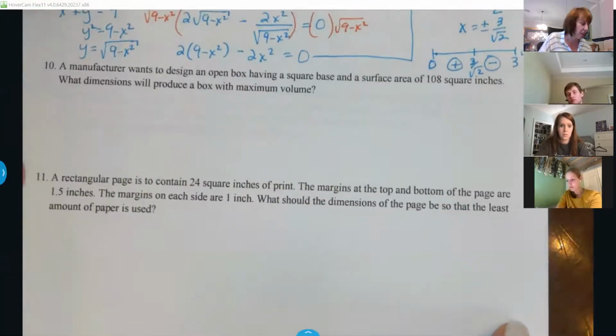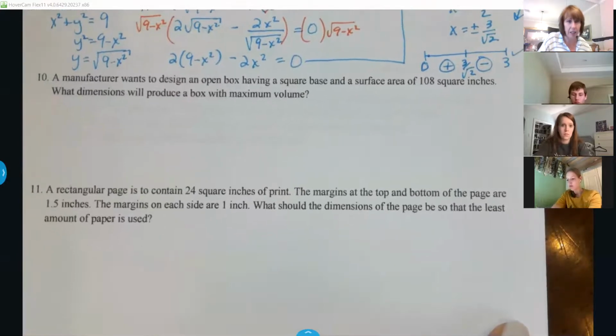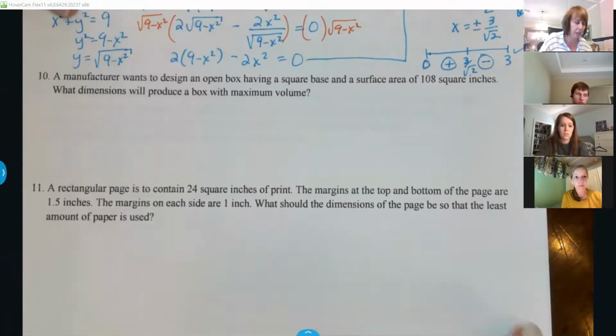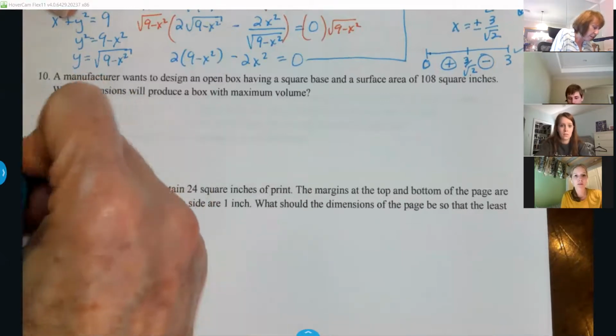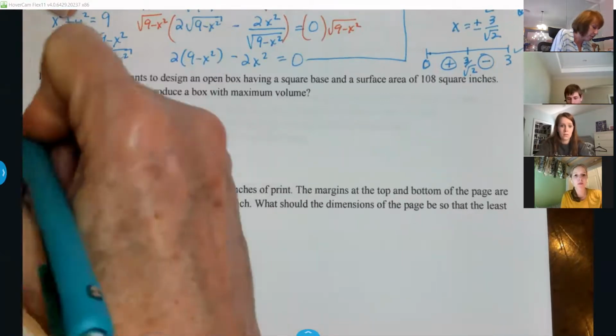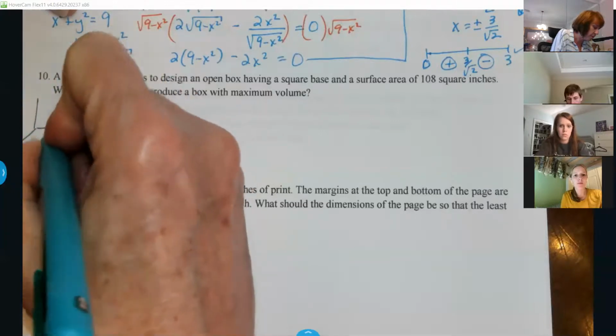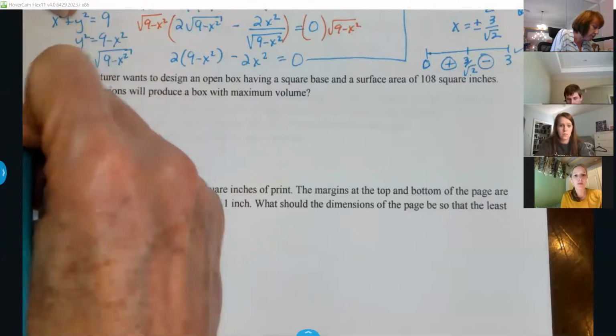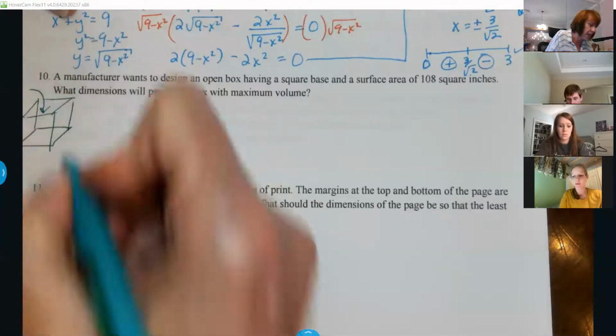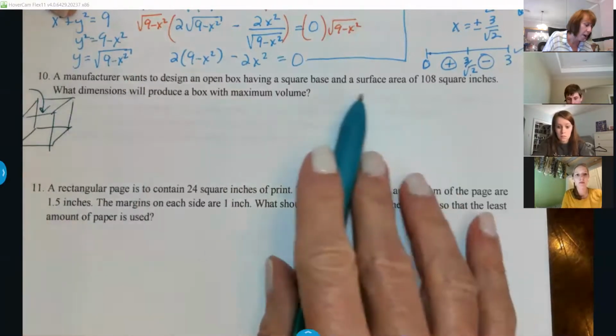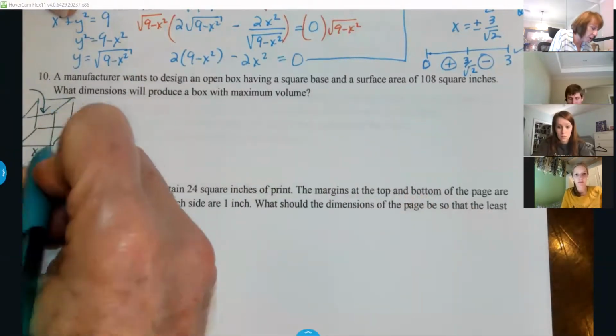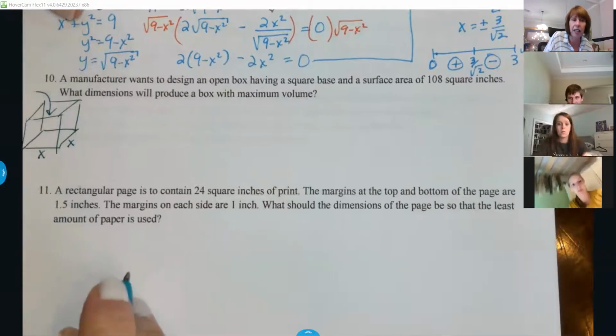A manufacturer wants to design an open box having a square base. Let's draw this. So once again, it's open. Square base, so I'm going to call my base lengths x and x.